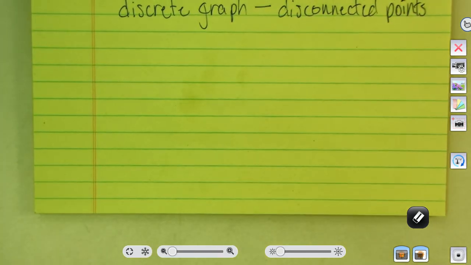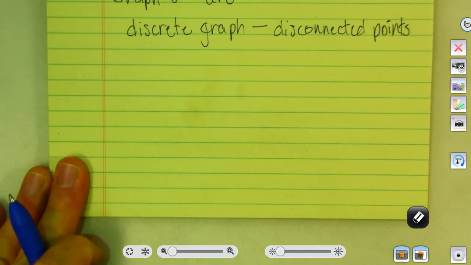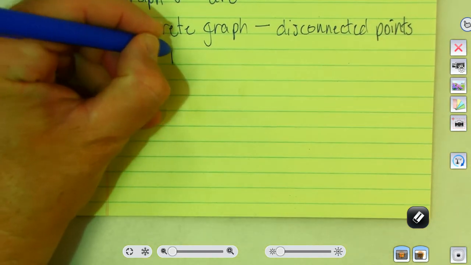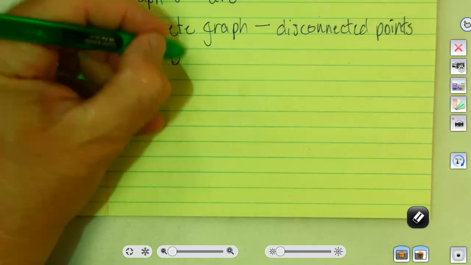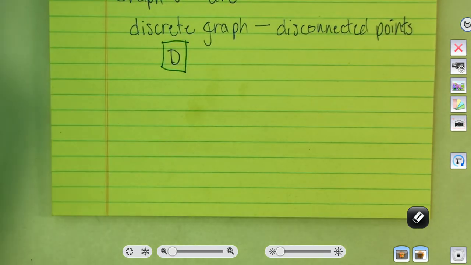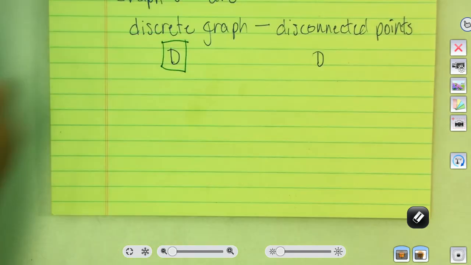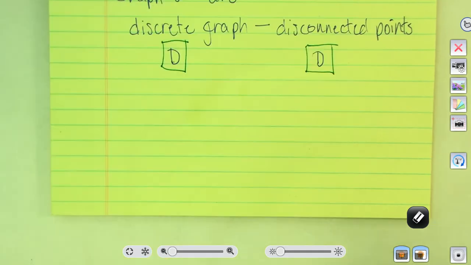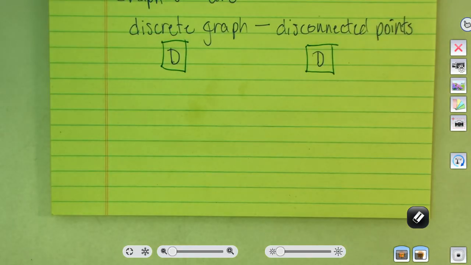If I use the word disconnected points, it's helpful for me because discrete begins with the letter D and disconnected begins with the letter D. All right, so a discrete graph is disconnected points.